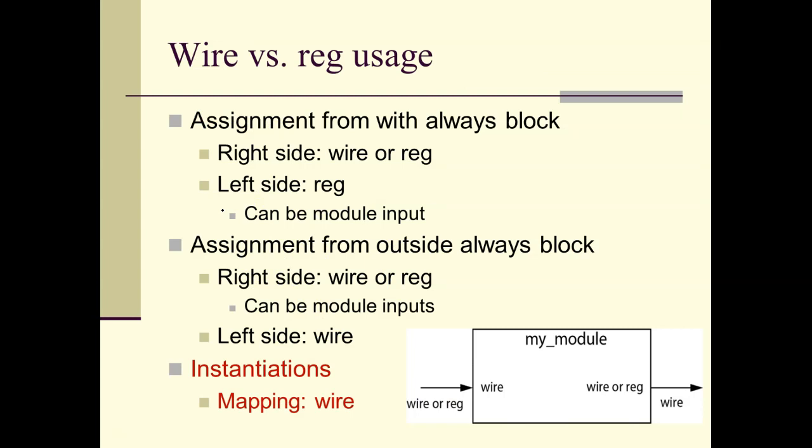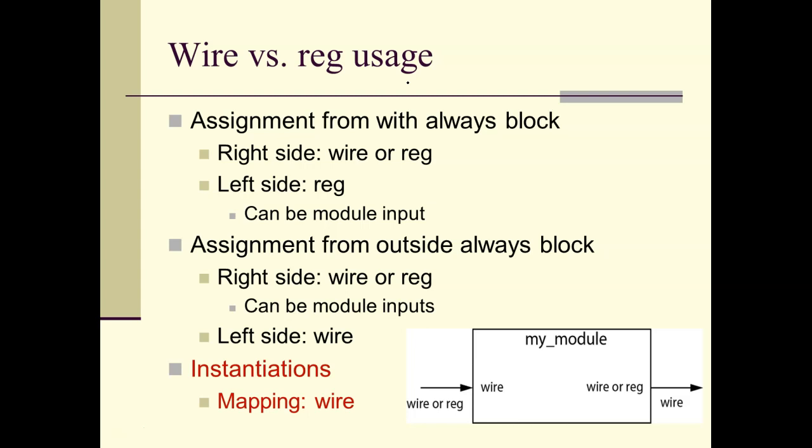So in general, in our examples here, we've been using both wires and regs. This is going to be a really important subject as we go on here. It's actually very simple the way we're going to do it. When we assign something from an always block, it has to be a reg.